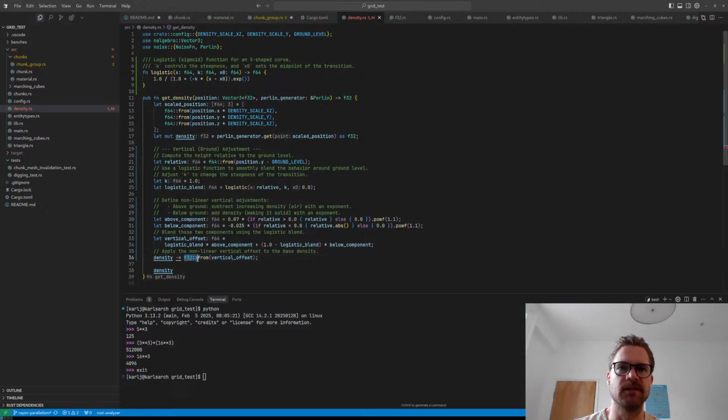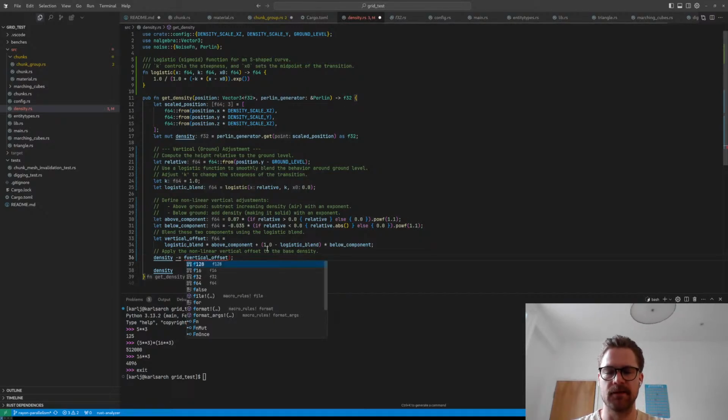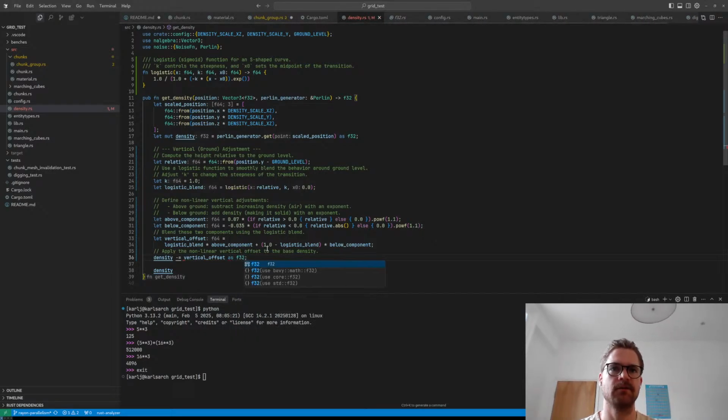No, I think it's because it's going to be a loss of precision as F32, so that's a bit of a risky operation, apparently.